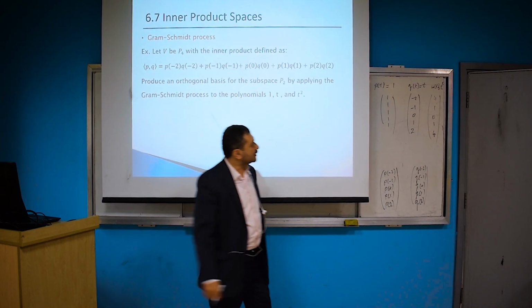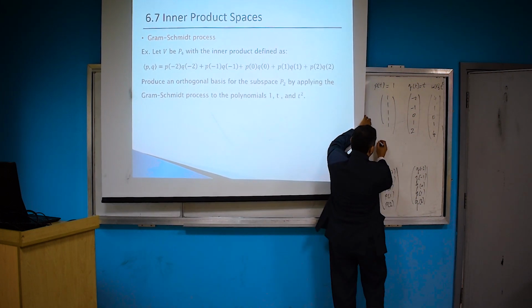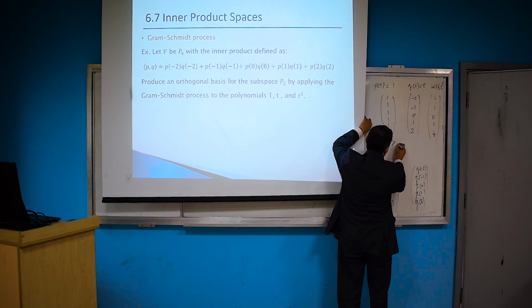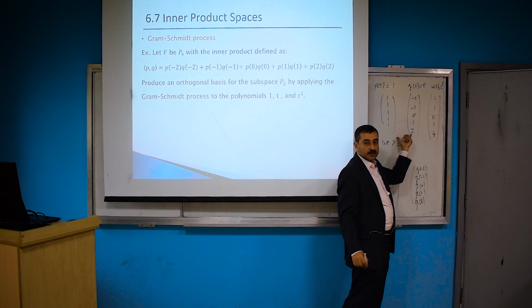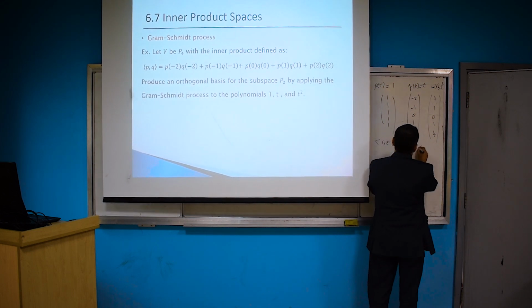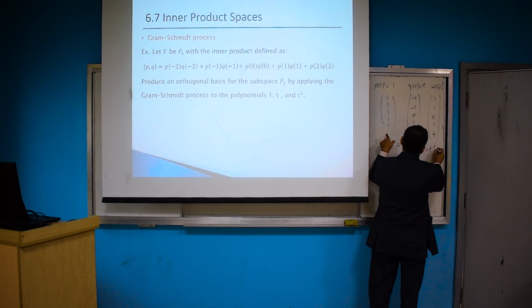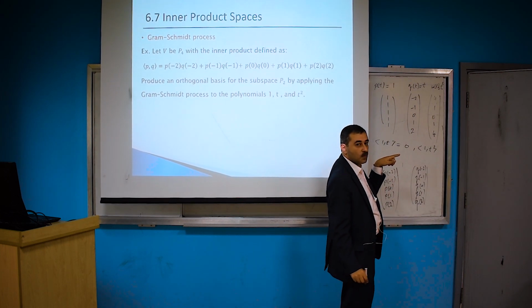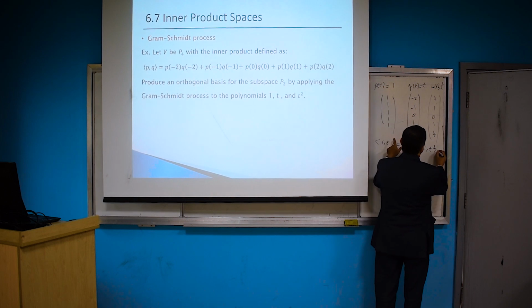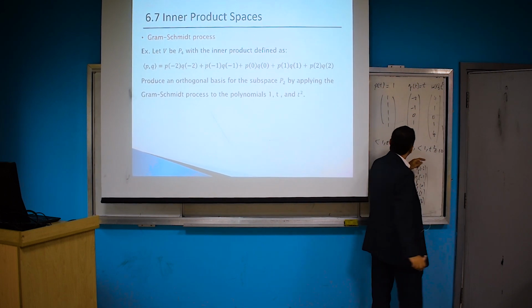So what about 1 and t? If I want to check orthogonality between 1 and t, it would be 0, right? So these are orthogonal. What about 1 and t squared? Not 0, right? You get 10.